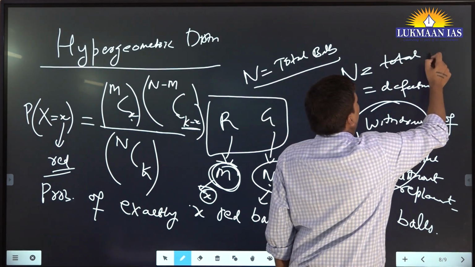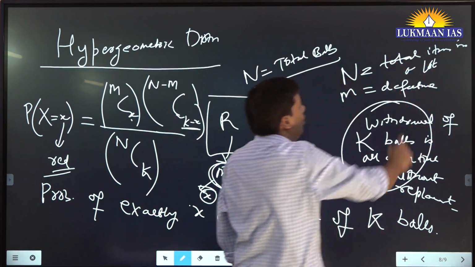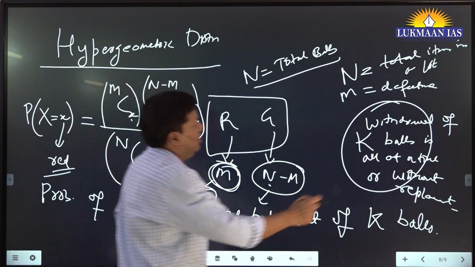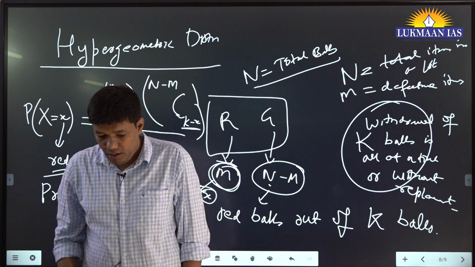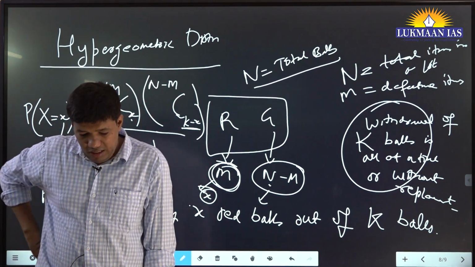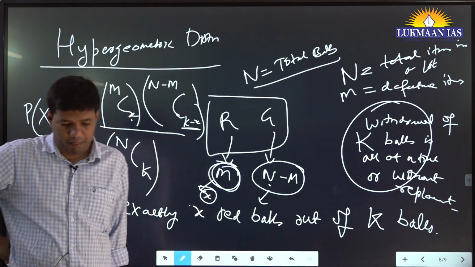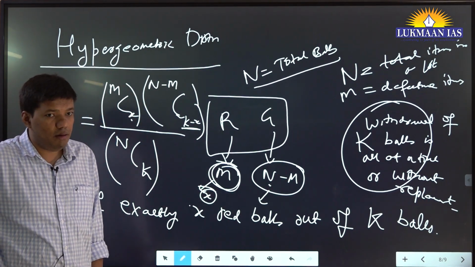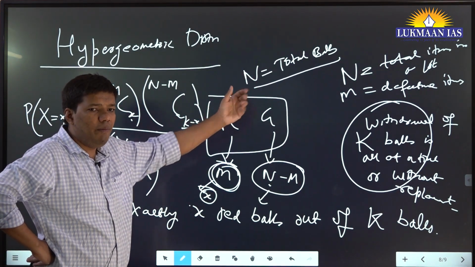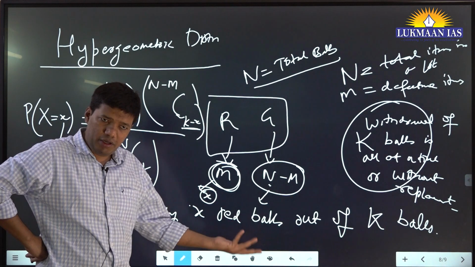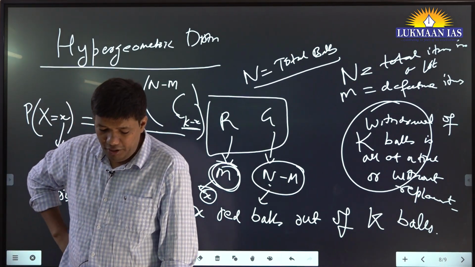Total items in a lot N, and M defective items. Then N minus M would be acceptable. See, if there are total N items, M is defective, so how many will be acceptable? N minus M.